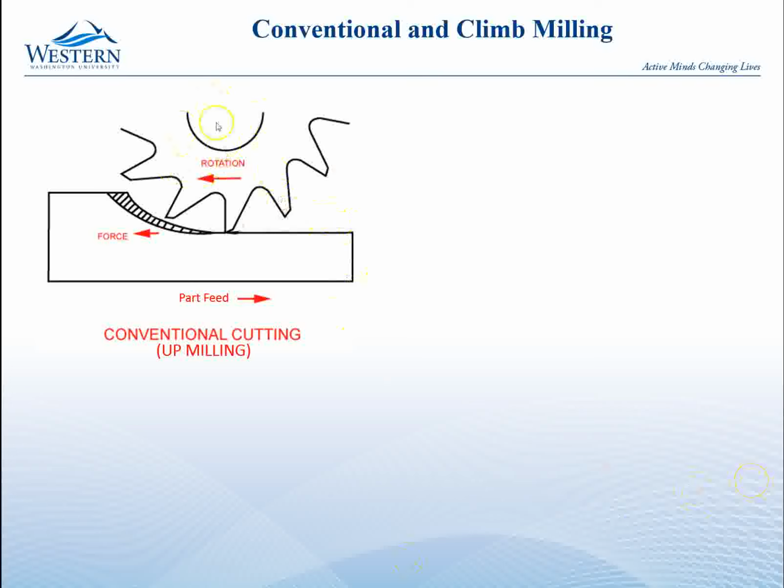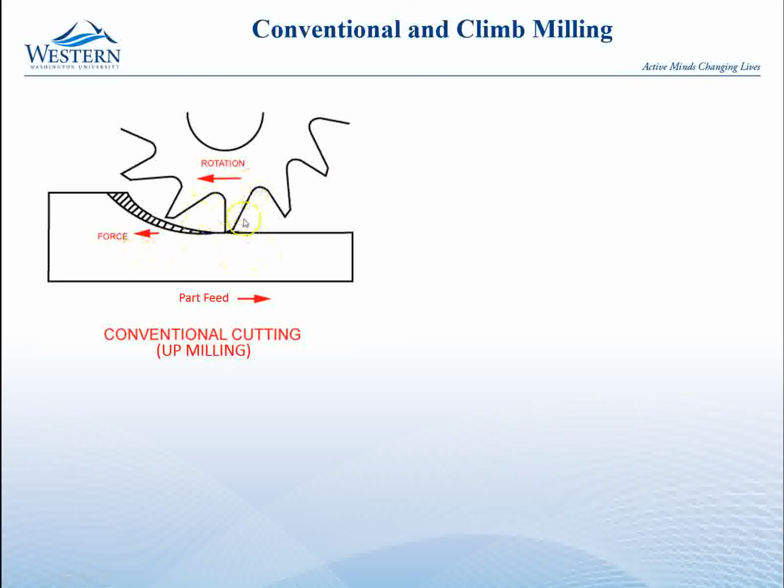So in this picture, the tool is up here and it is stationary, but it is turning. So it is turning clockwise as shown here. And the part is feeding from left to right on your screen. And so as it feeds across from left to right, you can think about one tooth goes by, and by the time the next tooth hits and starts to cut, the part will have moved a little bit to the right.